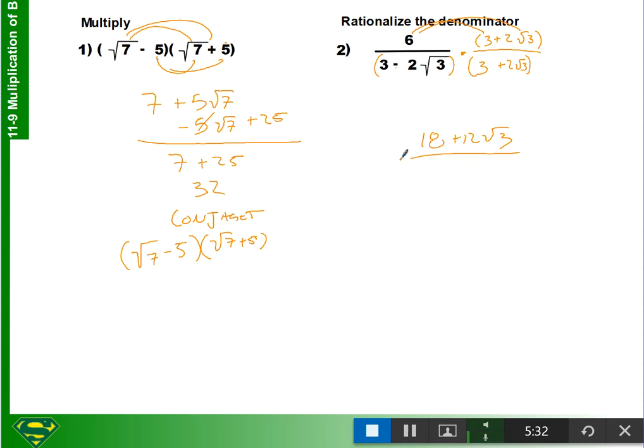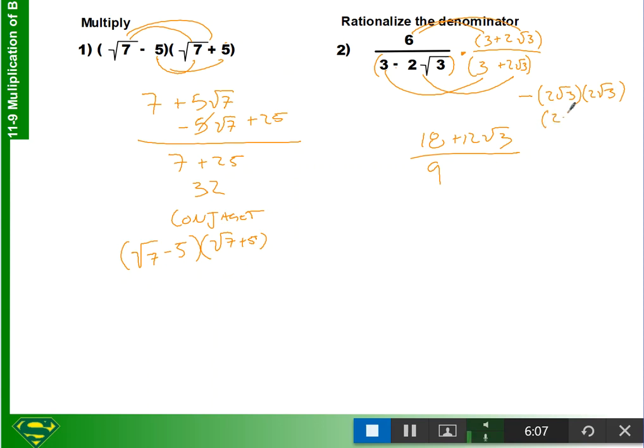I know this linear term is going to cancel out. So we have 3 times 3, which is 9, and 2 root 3 times 2 root 3. And that's a negative, right? So we are going to have a negative. And so what is 2 root 3 times 2 root 3? Well, in multiplication, I can change the order of anything that I wish, and I will get the same answer. So I'm going to reorder this because I have 2 times the square root of 3 times 2 times the square root of 3.